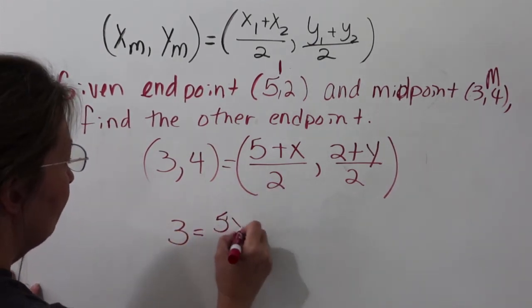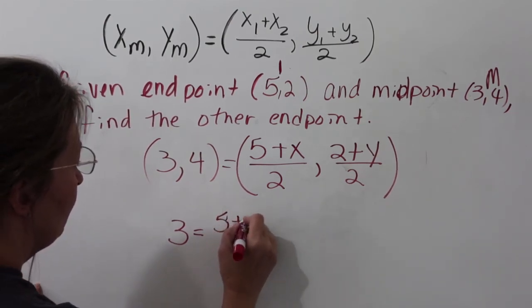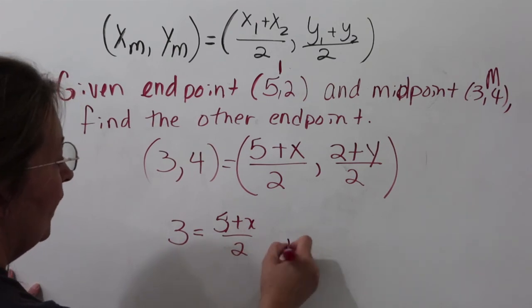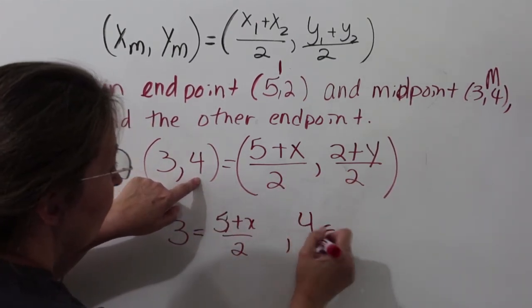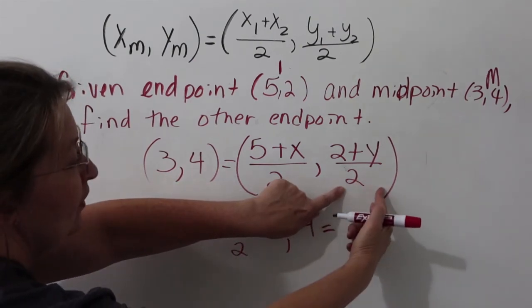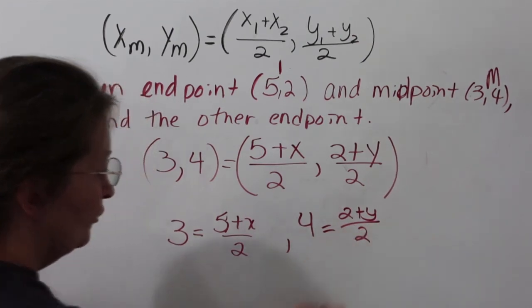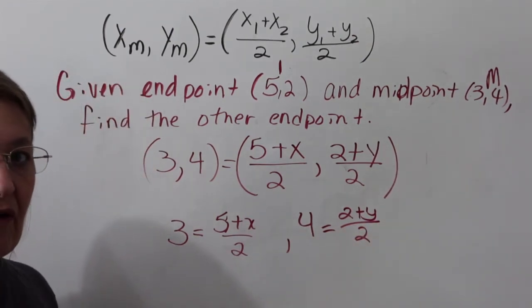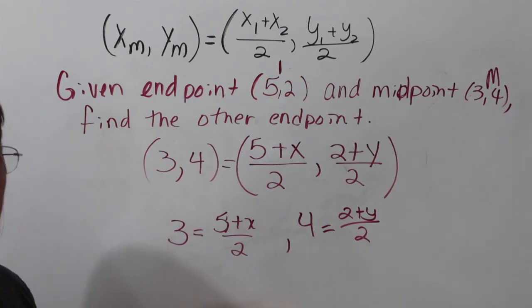So we have 3 equals 5 plus x over 2. Now on the other side, your y midpoint, 4, is going to be equal to this expression over here, 2 plus y over 2. Now we just need to solve these real quickly and we'll know what the endpoint is.